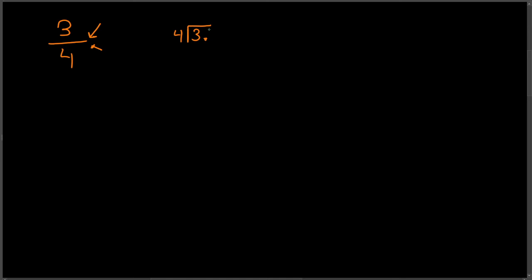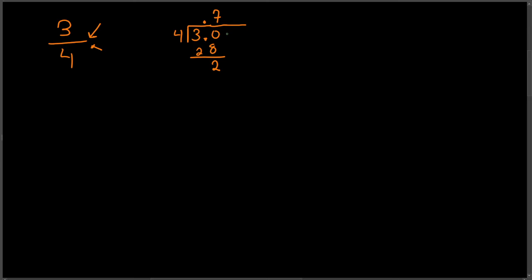It looks like I'm going to need to borrow some zeros here, because 4 can't go into 3, but it goes into 30. It goes into 30 7 times. 7 times 4 is 28. Subtract, I get 2. Well, I'm not done yet, right?